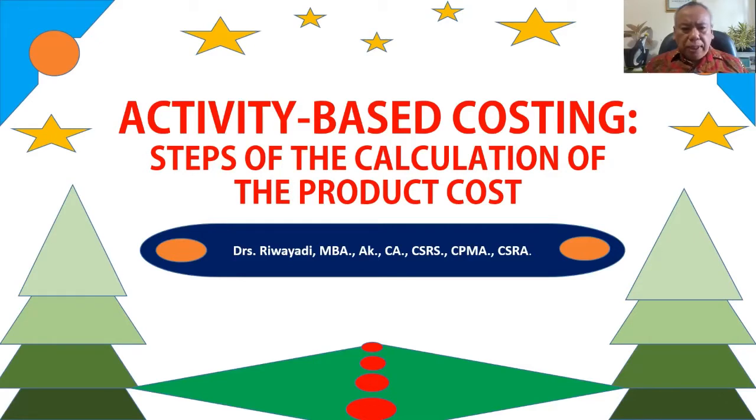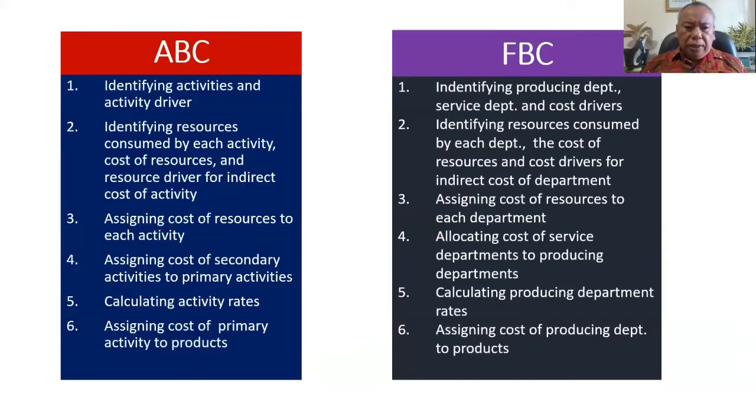Now we will discuss the steps of the calculation of the product cost. So actually there are 6 steps for how to calculate the product cost using activity-based costing.